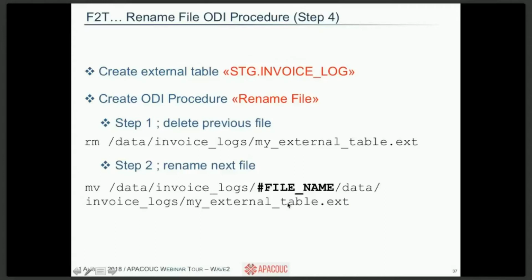See, this is the name of the file as a variable, and it will increase with the file ID, and it will rename the file as my external table, which is the source of my external table file.